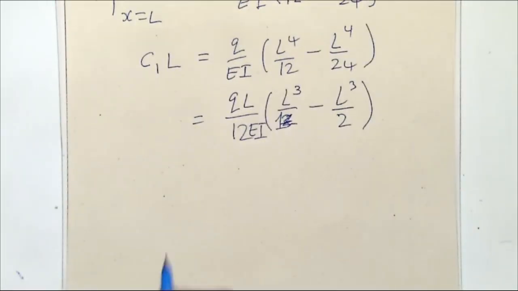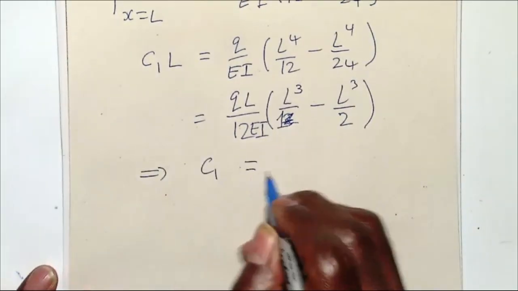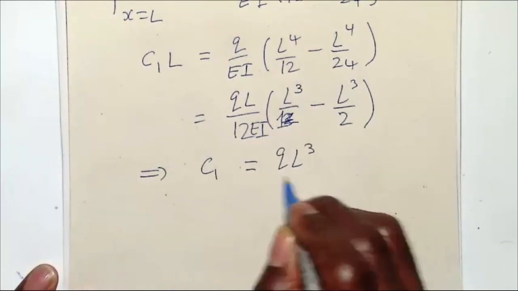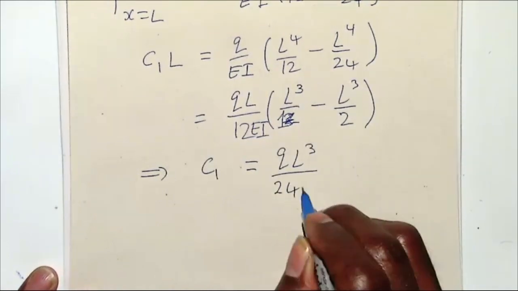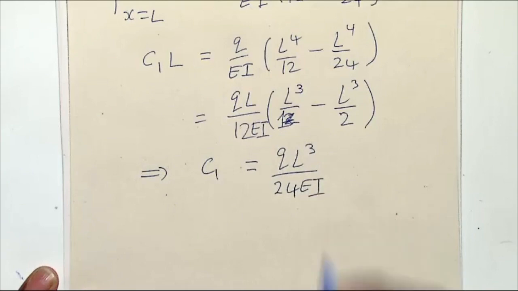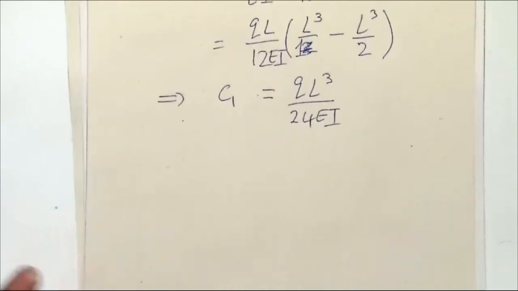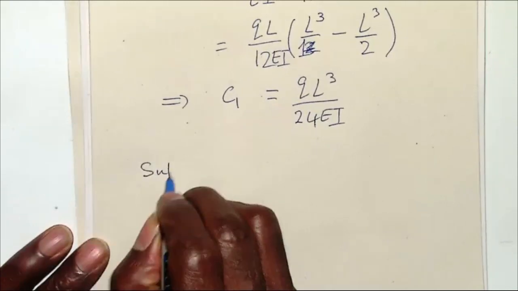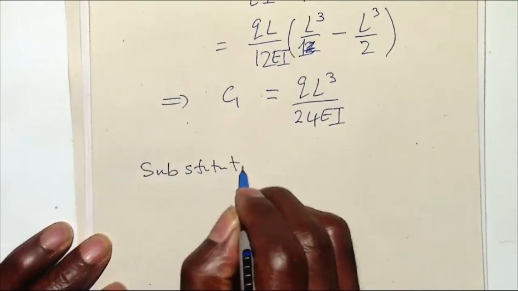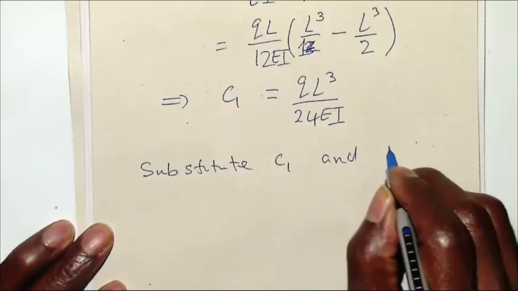So if you do that, we can get C1 equals QL cube all over 24 EI. So C2 is 0. We now know what C1 is. I can now write my expression for V, and for the slope dV dx. If you can do that, I'm not going to do the rest. Just substitute C1 and C2.